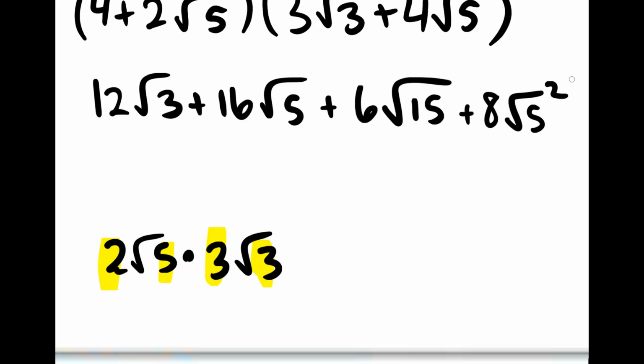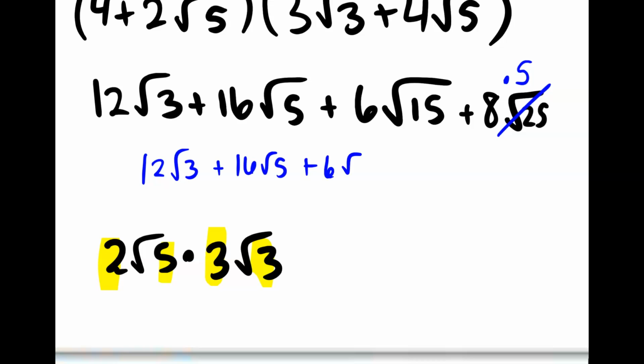Or another way to say it, let's multiply what's under the radical. Root 25. What's root 25? 5. So instead of saying root 25, I say 5. What's 5 times 8? 40. So we have 12 root 3 plus 16 root 5 plus 6 root 15 plus 40.